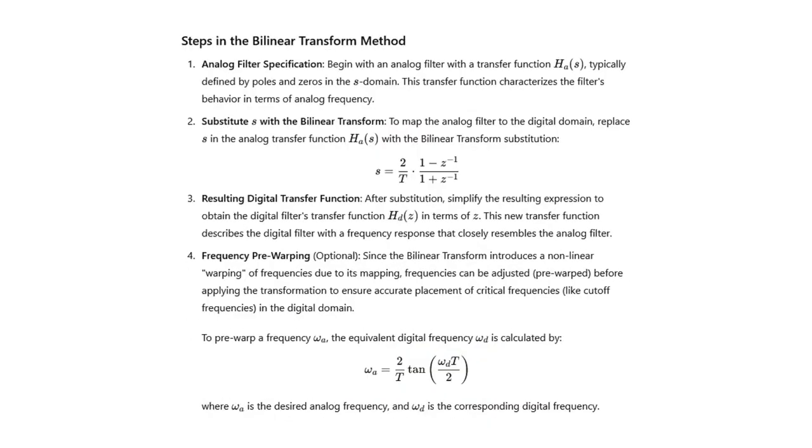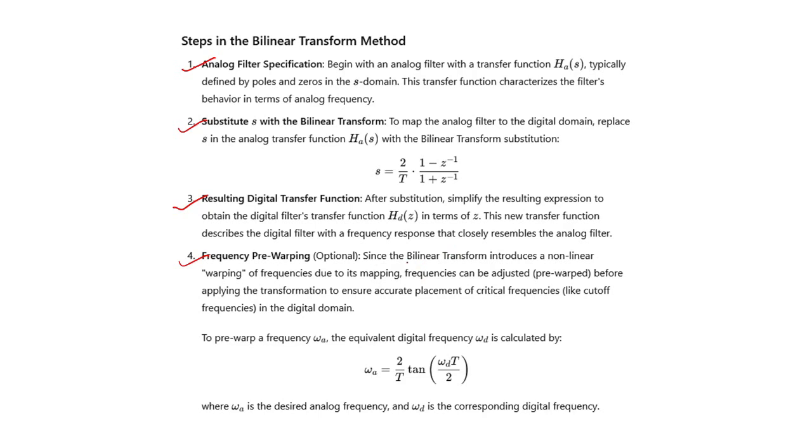Steps in the bilinear transform method: we need to have the analog filter specification, then substitute s with the bilinear transform, then obtain the resulting digital transfer function. In some cases, we need to apply frequency pre-warping, which is optional.